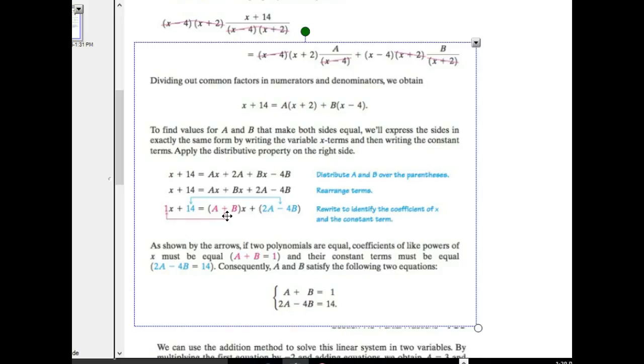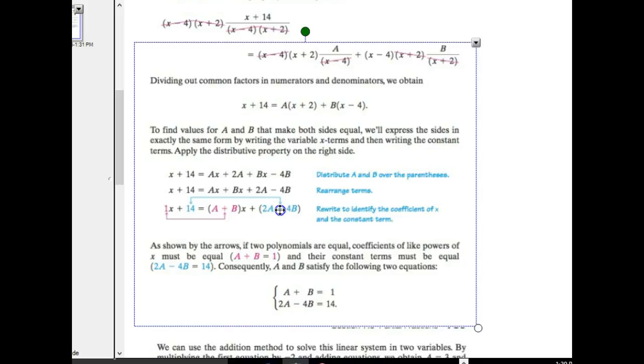Well, if we compare x's with x's, this part has to be equal to the x on the other side. Since that number is 1, then a plus b has to be equal to 1.